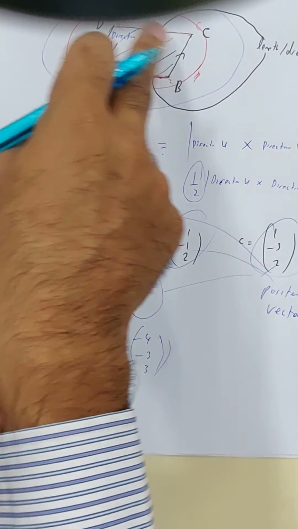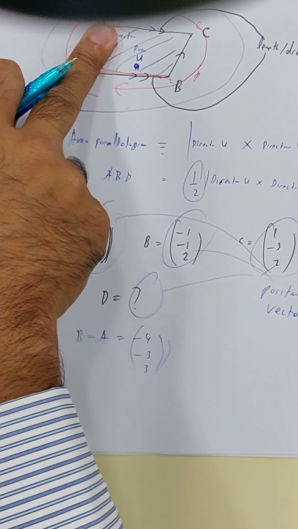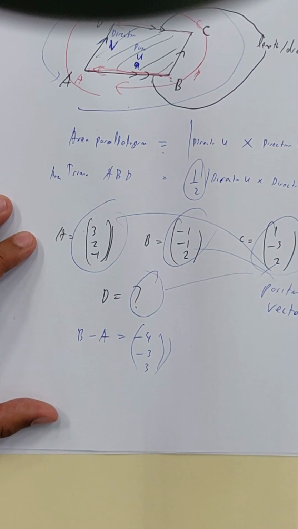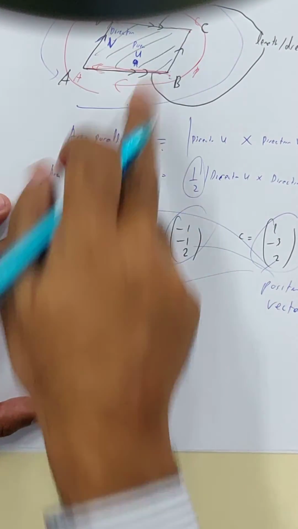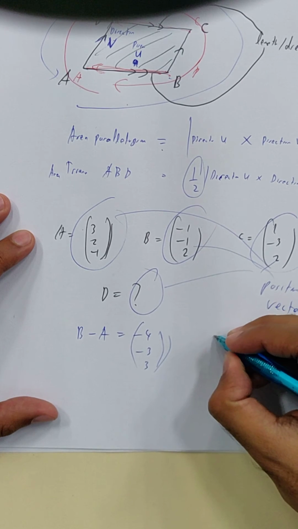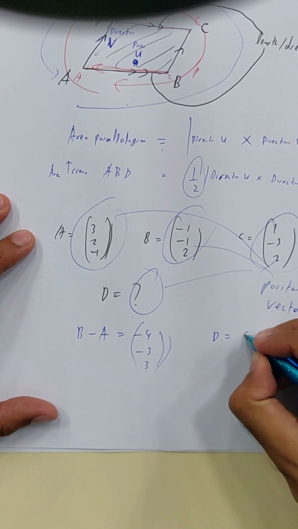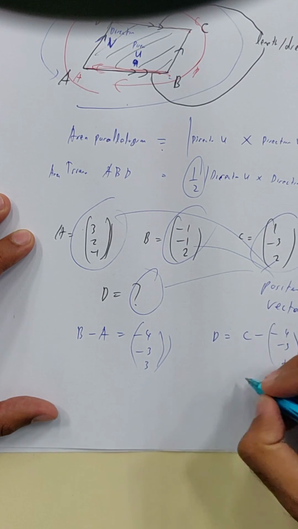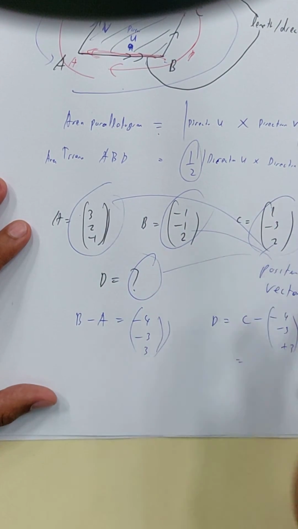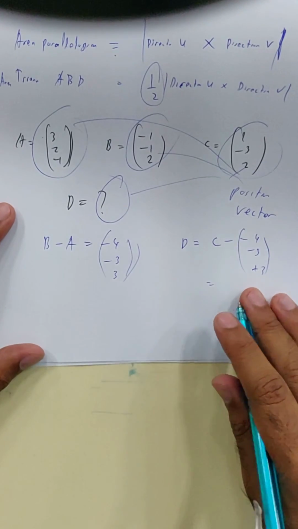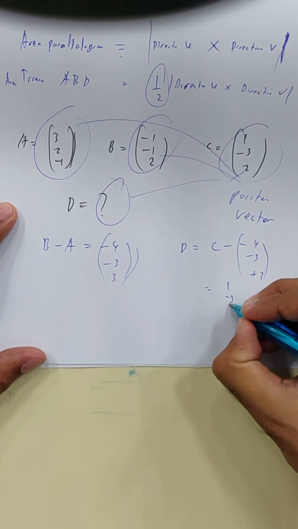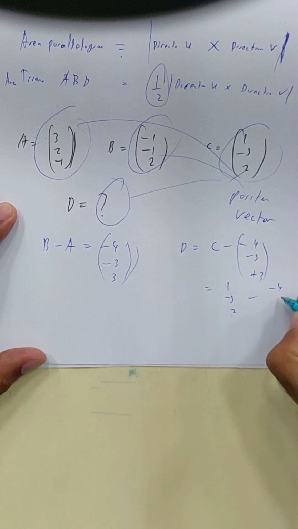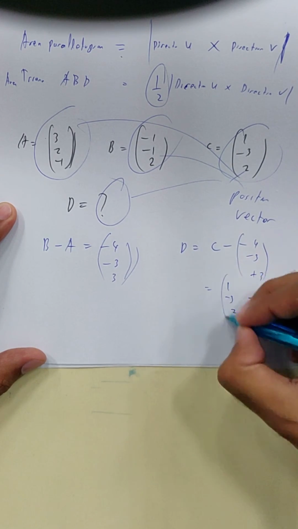So for you to get from C to D, how? You subtract the same distance. So what is C? C minus negative 4, negative 3, 1. What is C? 1, negative 3, 2, minus negative 4, negative 3, 1.